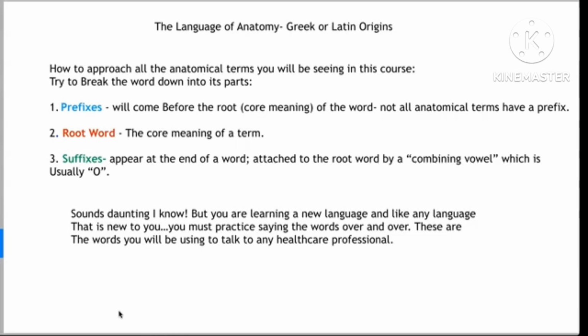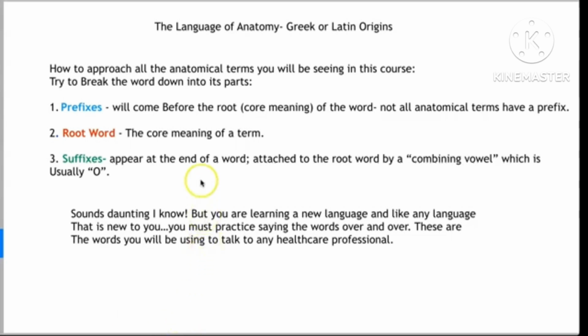That's what you're going to be doing in anatomy. And at first it seems overwhelming, and pretty soon you start saying the same words over and over again, and you have to say them out loud. That's the only way you're going to feel comfortable with these words, is by saying these words out loud.